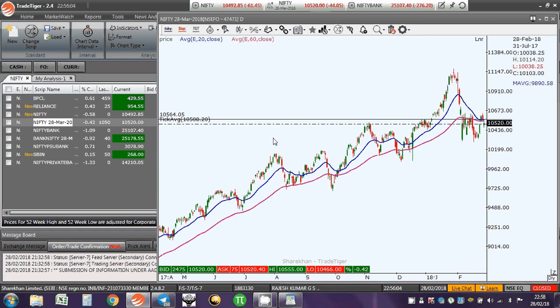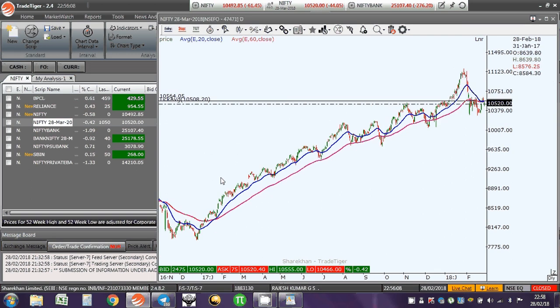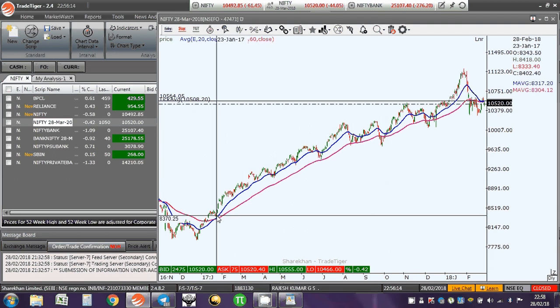That is intra and this is position. You can see how this is working fine. So here is the entry point. Approximate here is the entry point where the crossover is happening. So if you had entered 8,370, 8,400 range, and in the positional way, you don't have to come out, because every future month expiry you can roll over.